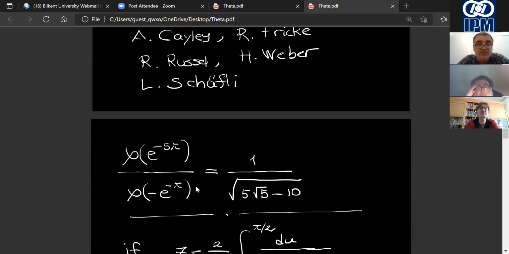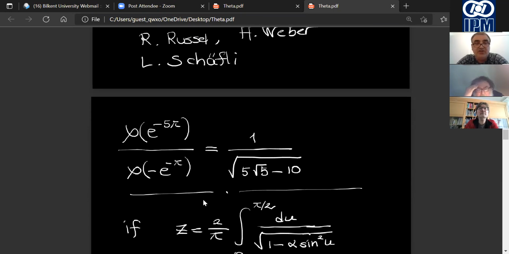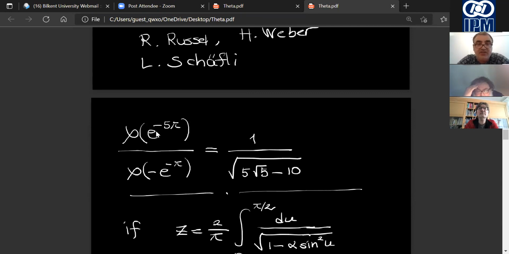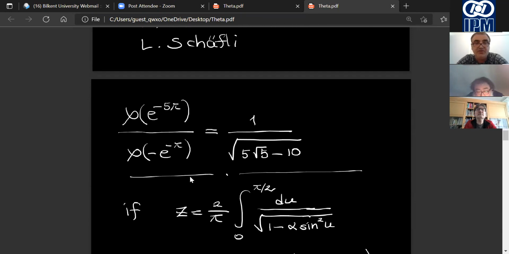This is, for example, a formula which is due to Ramanujan. Using modular equations of degree 5, Ramanujan proves this evaluation. This is an eta quotient, so you evaluate that eta quotient at argument e to the minus pi.